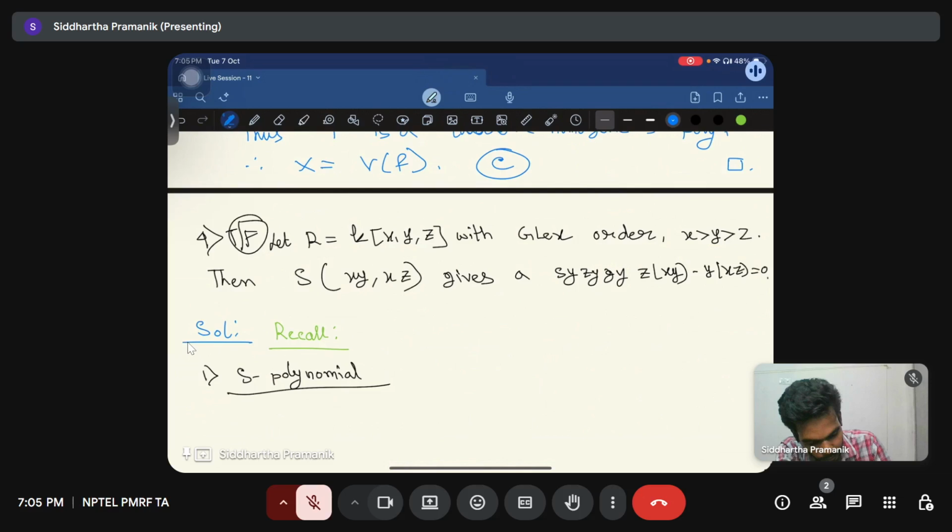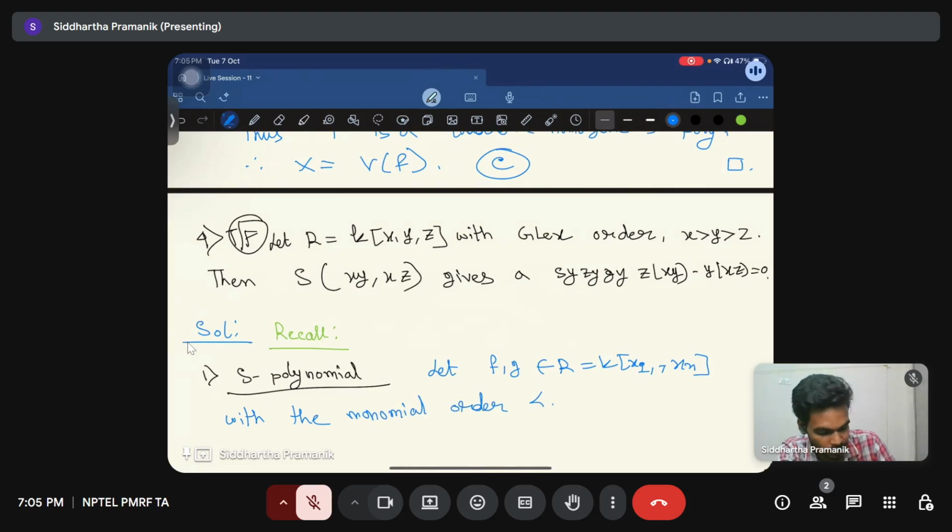Let f, g belong to R = k[x1 up to xn] with the monomial order less than.